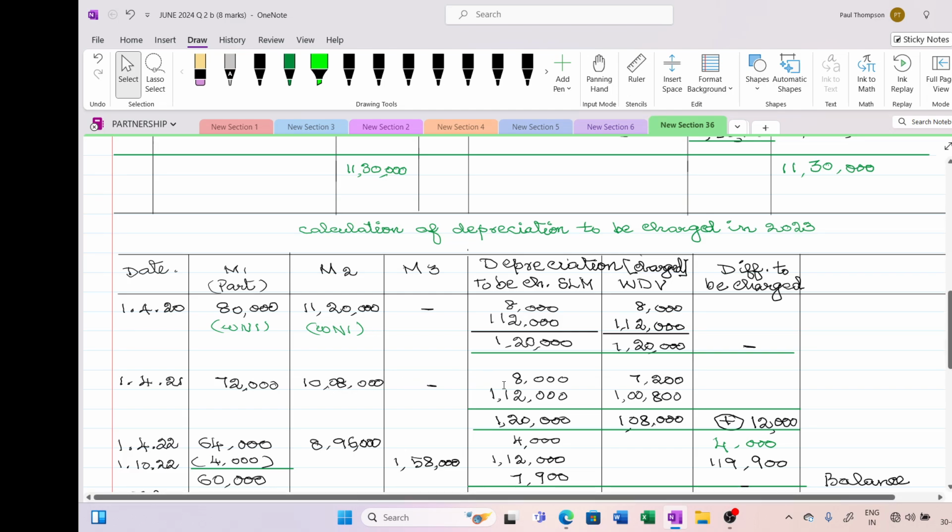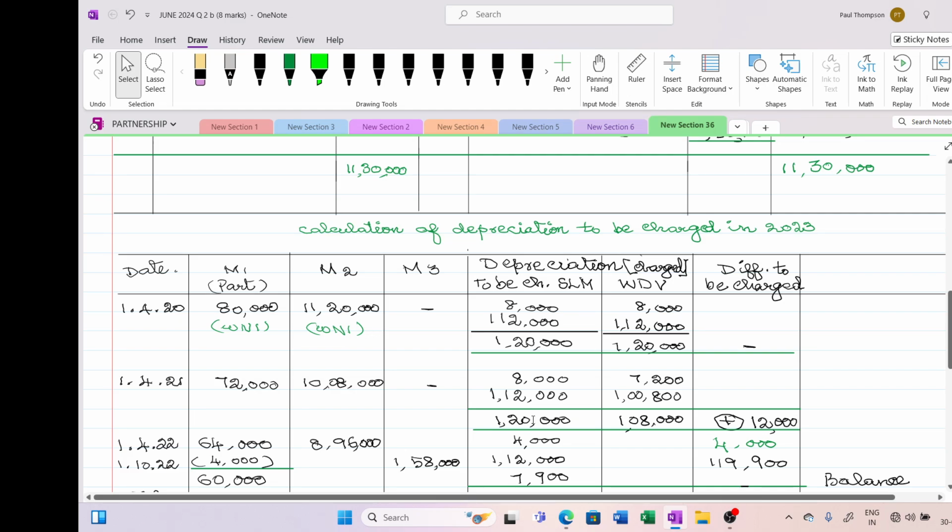Okay. So 8,000 on original cost and 1 lakh 12,000. So this year also we have to charge 1 lakh 20,000, whereas it was charged on the book value as per WDV method. That was 7,200, and for this 10 lakh 8,000 it was 1 lakh 800. The total was 1 lakh 8,000.